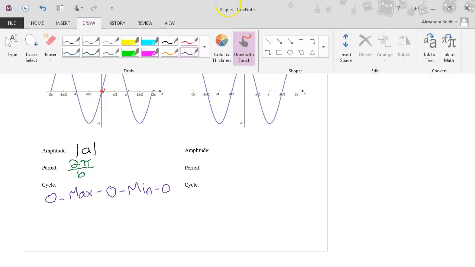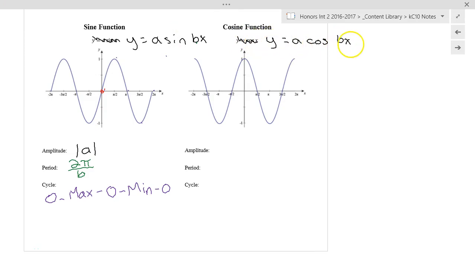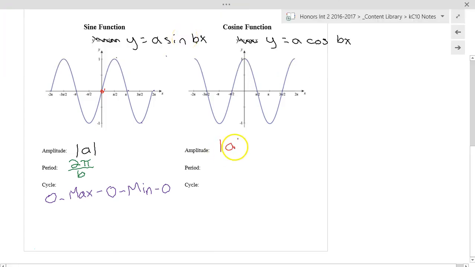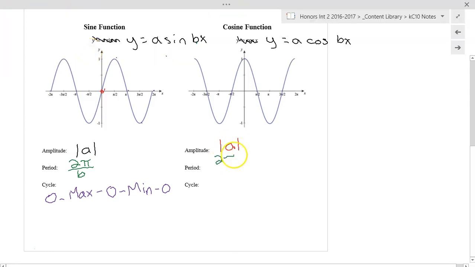For cosine, I'm going to do the same thing. I'm going to rewrite this: y equals a cosine of bx. Pretty much everything's exactly the same. Our amplitude is the absolute value of a. Our period is 2 pi over b. The only thing you'll notice is our starting point changes.